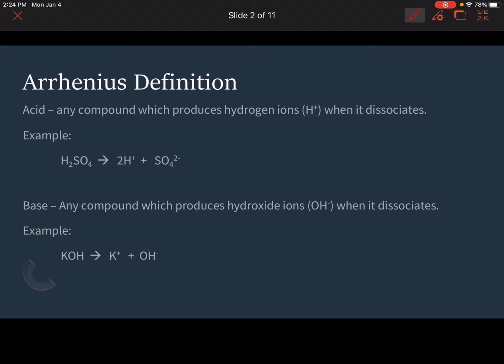Okay, so the first definition we're going to look at is called the Arrhenius definition. The Arrhenius definition of acids and bases is kind of the one that we're used to talking about. An acid we would define as any compound which produces hydrogen ions when it dissociates. So you put it into water, and when it breaks apart you get H plus and something else, okay?